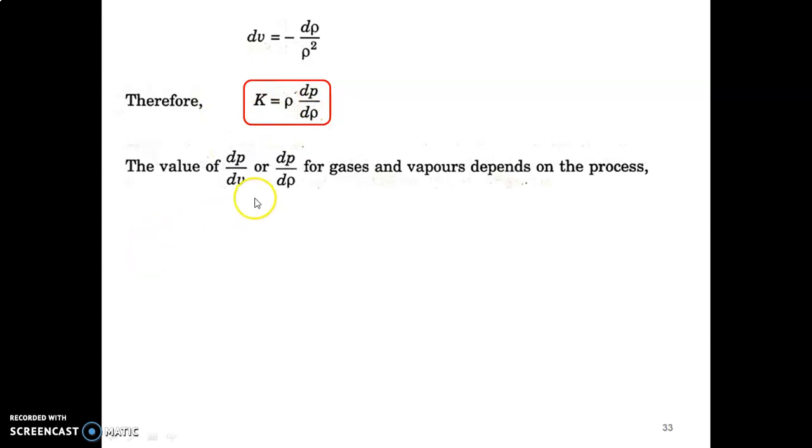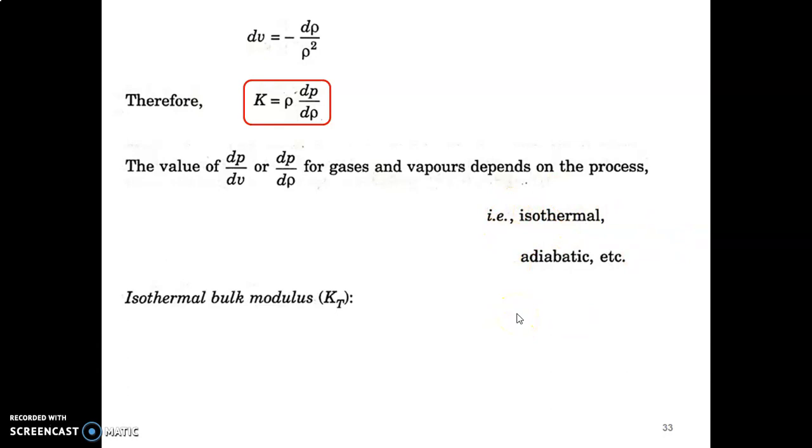Now, dp by dv or dp by d rho for gases and vapors depends upon the process. In the case of gases and vapors, we can consider different processes like the isothermal process and the adiabatic process. So these two values, dp by dv and dp by d rho, will change according to the type of process. We will consider the isothermal process first, and find the isothermal bulk modulus KT.